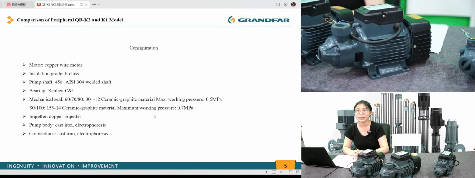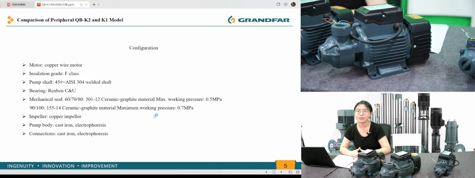And about its mechanical seal, for the three-can pump, we used ceramic graphite material, and its working pressure is 0.5. For the last two can models, it used a different material from the 3-can in the former.